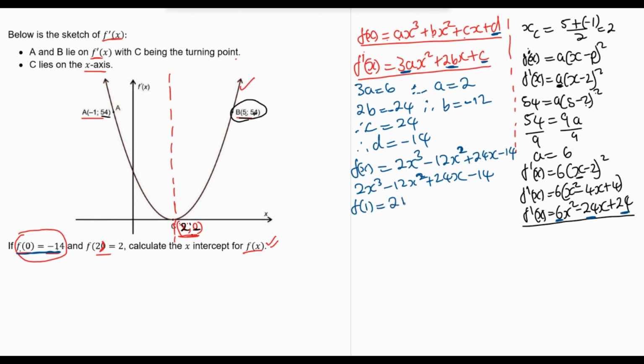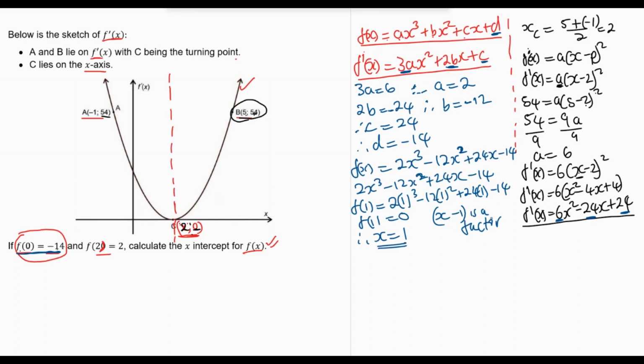It was 2 times 1 cubed minus 12 times 1 squared plus 24 times 1 minus 14. This will give us 0. f of 1 is equal to 0, meaning that our x-intercept is at x is equal to 1. Or you can say x minus 1 is a factor.